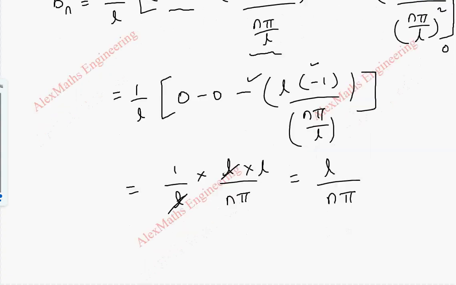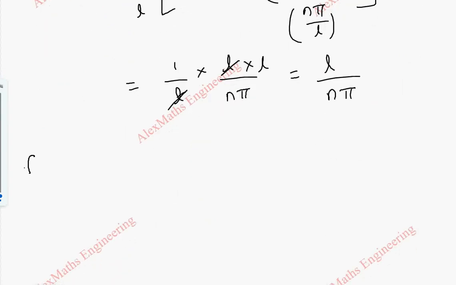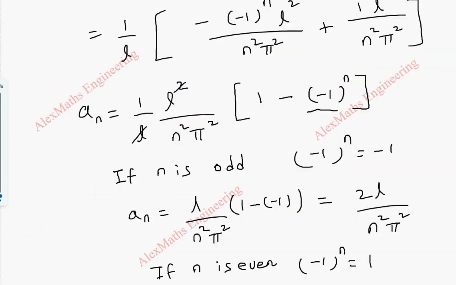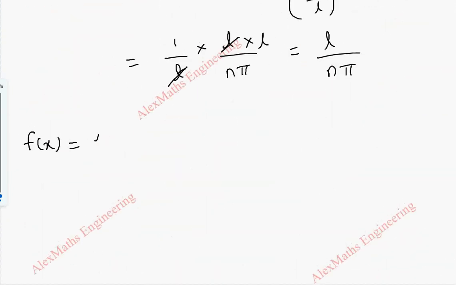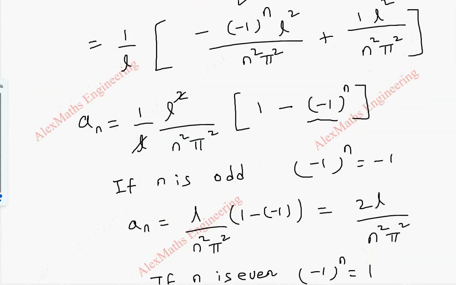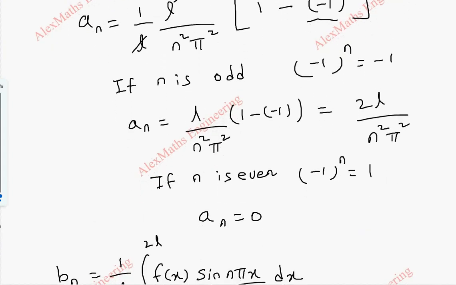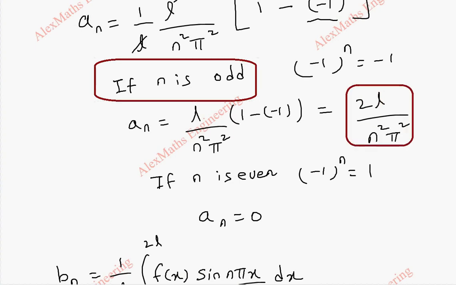Now substituting this in the Fourier series formula, our f of x becomes a naught by 2. The value of a naught which we got here is L by 2. So L by 2 becomes L by 4, plus summation, for an that exists only if n is odd, and its value when n is odd is 2L by n square pi square.